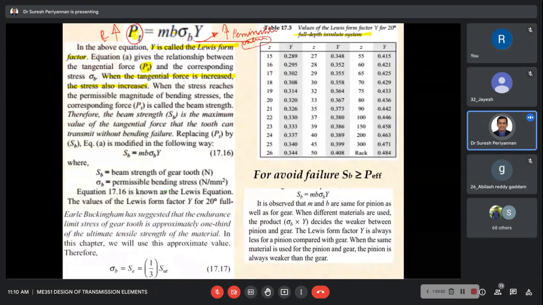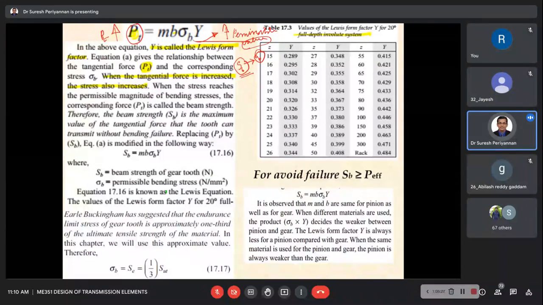When the sigma B reaches the permissible value based on my increment of PT, finally that PT I am considering as SB. SB is nothing but the PT corresponding to the sigma B permissible value. Now, this is beam strength. Very simple. Instead of PT, I am putting SB, beam strength.